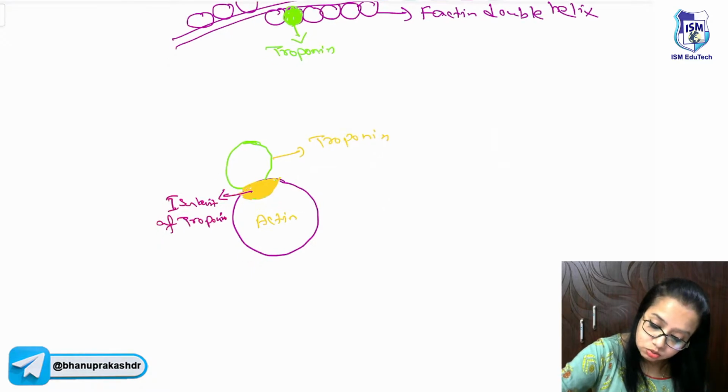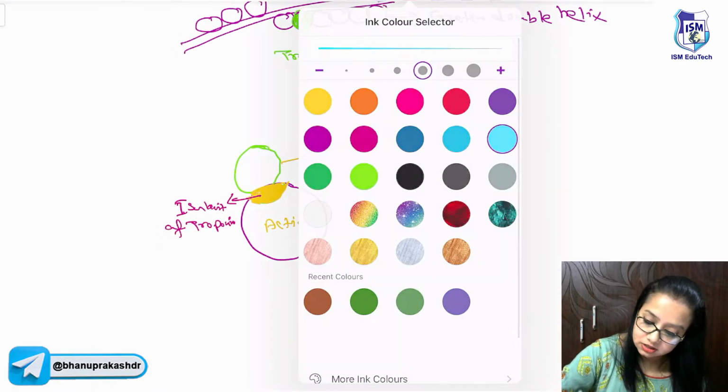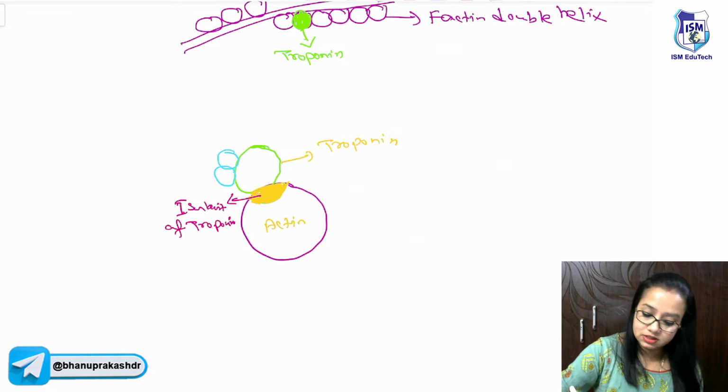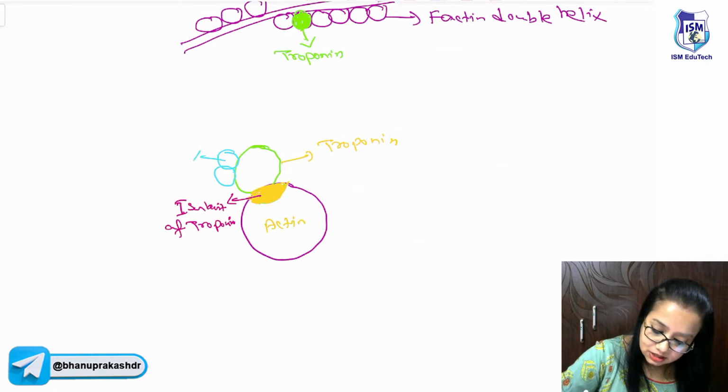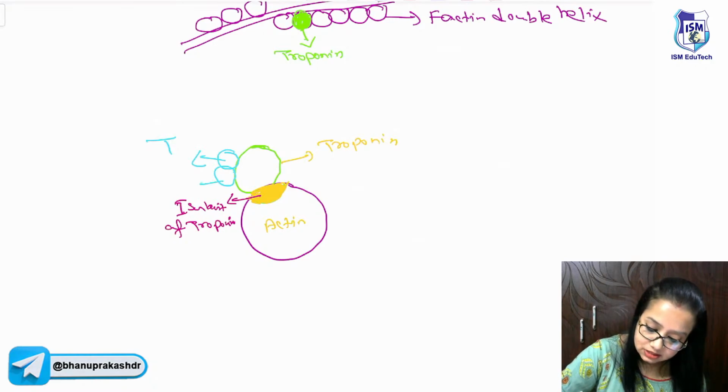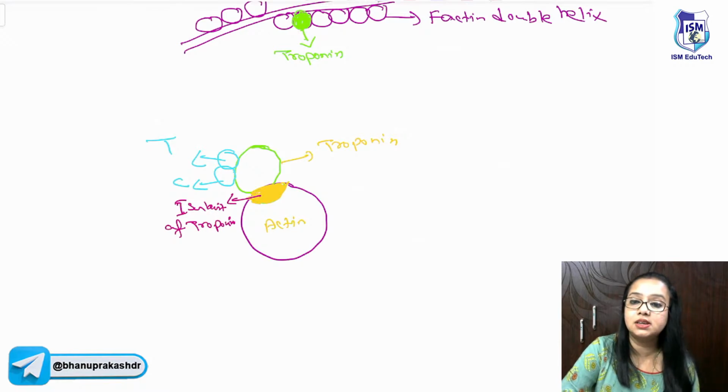Other than that, there are two other subunits on troponin. Like this is one subunit and there is another subunit. Now this is the T subunit and this is the C subunit. And the I subunit is the one through which it is covering the active site on the actin.